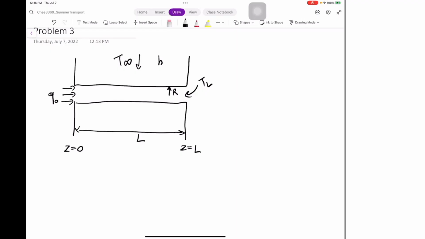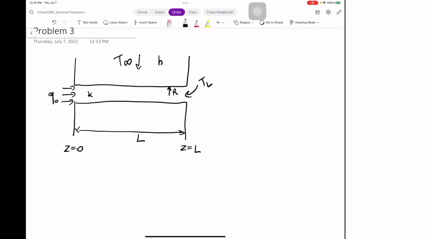Assume that the thermal conductivity of the rod material is k and can be considered constant. You can also assume that the temperature of the rod is uniform for a given z position. In other words, the temperature is not a function of radial position. Okay, good.